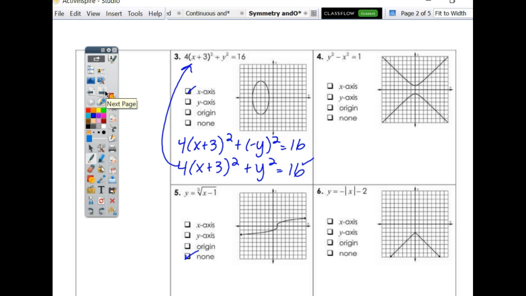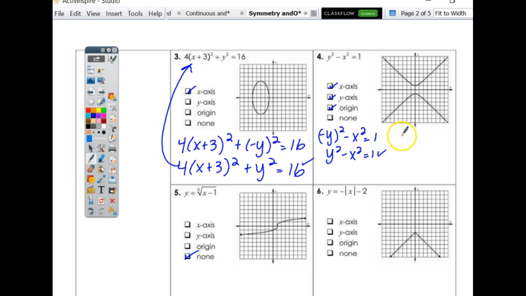Okay, so what about this one? Can I fold this in half? Yes. So that's the y-axis. Can I fold this down and they touch? So that's the x. If you turn it upside down, is it the same? So it's all 3. So the x-axis, I change the y. So that checks.